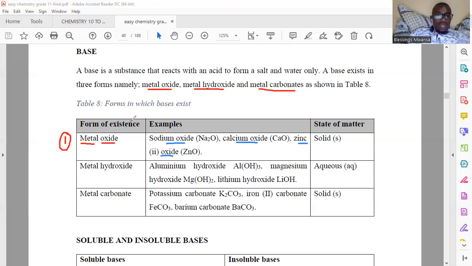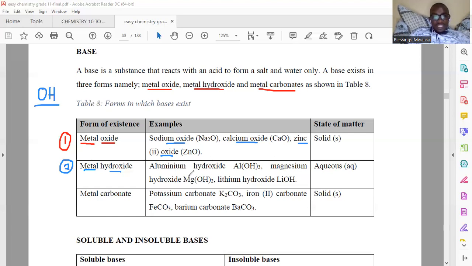Let's quickly look at a metal hydroxide. A metal hydroxide is a combination of a metal and hydroxide. If you remember the radicals, hydroxide is OH, capital O, capital H. This is a radical called hydroxide.